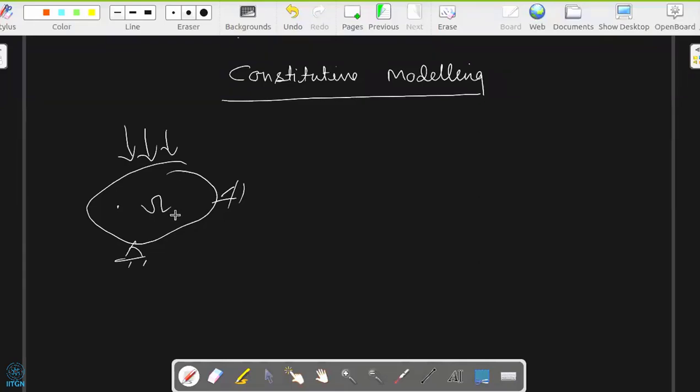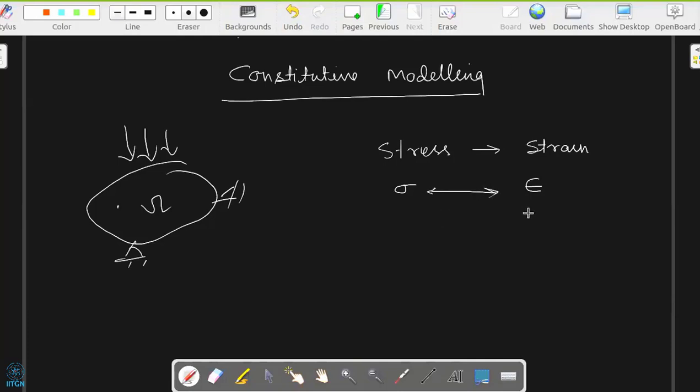Now we are trying to relate that. Okay, fine, we have observed that deformation is occurring when we are applying some external load on the surface. Now, is there any relation between these two? So you have stress, sigma, and you have strain. Now we are trying to find, does any relation exist between these two?